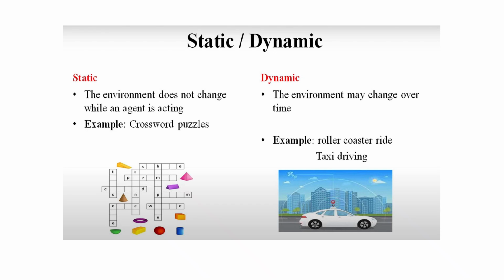If it is not followed, you will be fined. Since each time the environment depends on such changes, it is said to be a dynamic environment. Autonomous vehicles are another example of a dynamic environment.